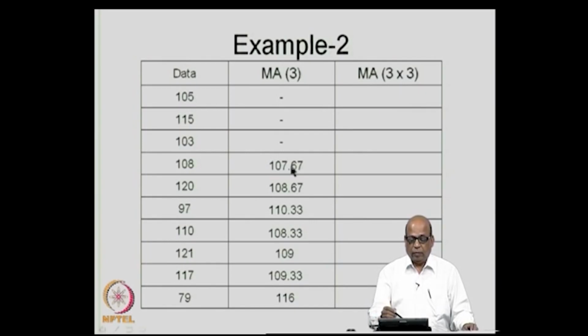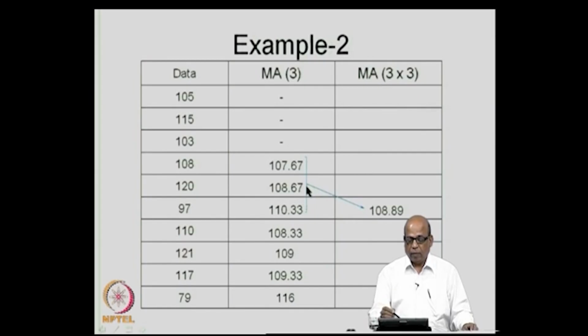Like this, we use these 3 moving averages and get the forecast for this. Why do I write the forecast here? Because these 3 moving averages have used values up to this point, up to 120, and this will be the forecast for what has been recorded as 97. So, we would have forecasted 108.89 using these 3 moving averages.